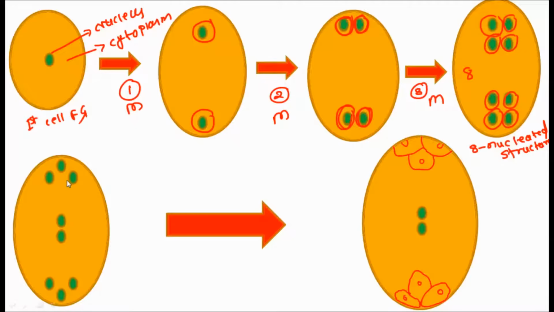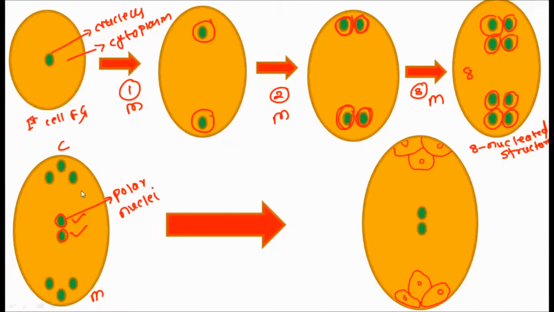That is, one nucleus from each pole comes down to the center. That is, one nucleus from the chalazal end and one nucleus from the micropylar end come to the center, and they act as polar nuclei. These are called the polar nuclei.